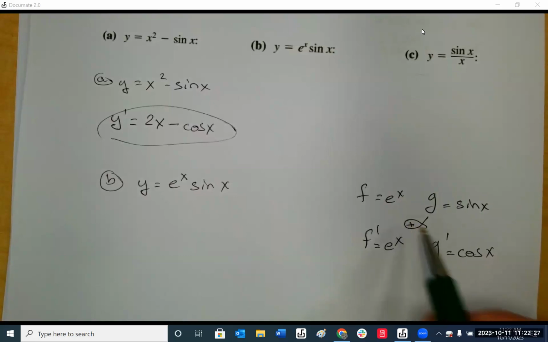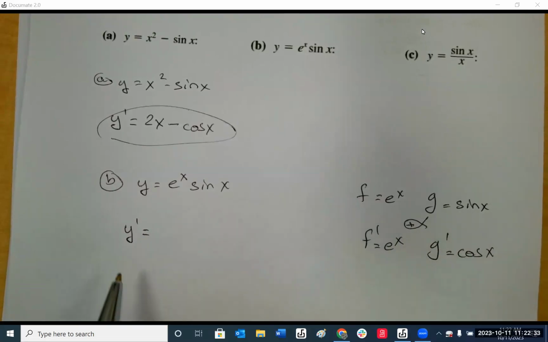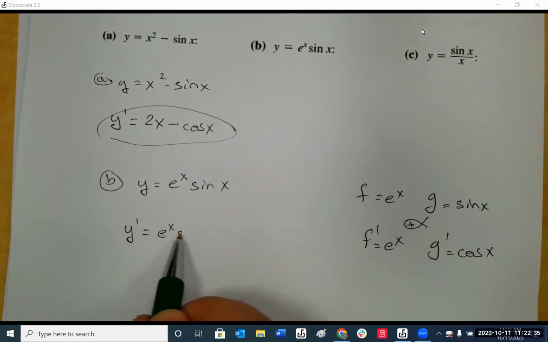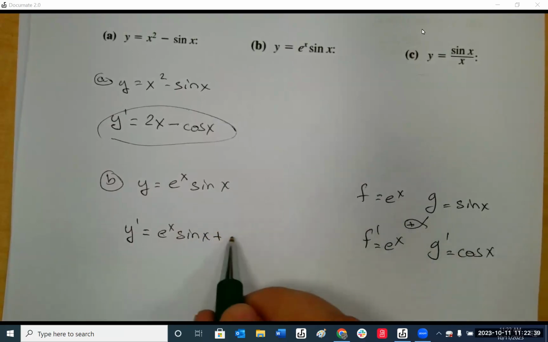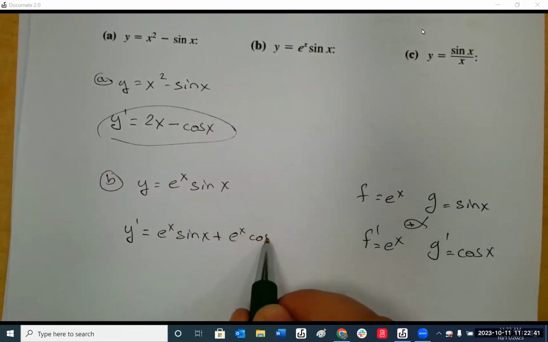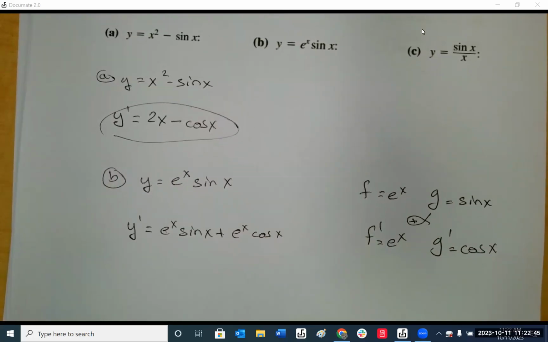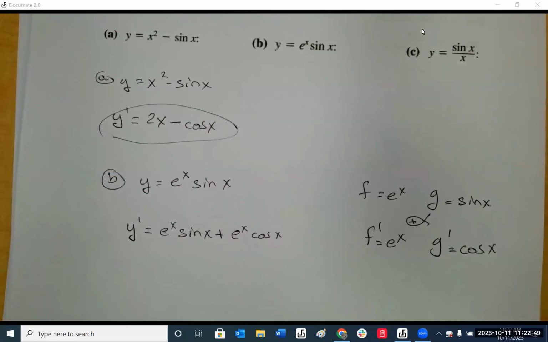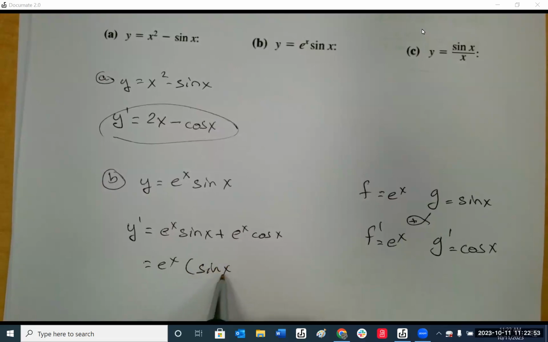Since it's multiplied, we add. So it's e^x times sine plus e^x times cosine. That's it, as far as we can go. I mean, we could factor out the e^x and have sine plus cosine, but we can't go any further.